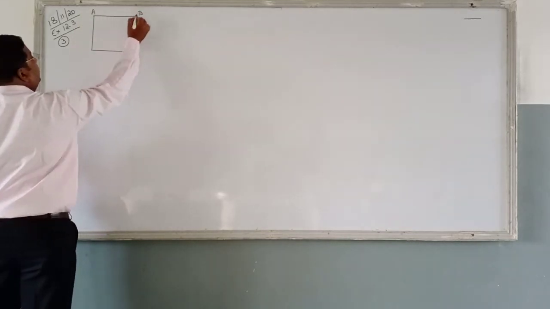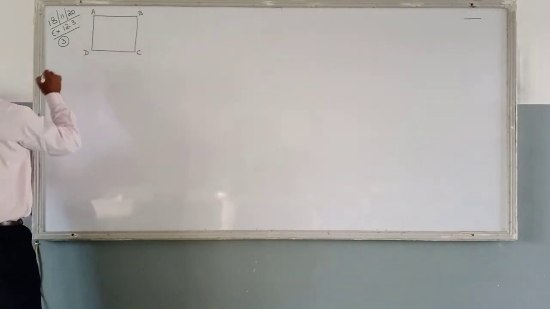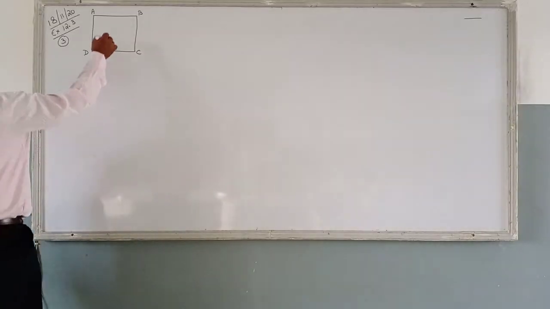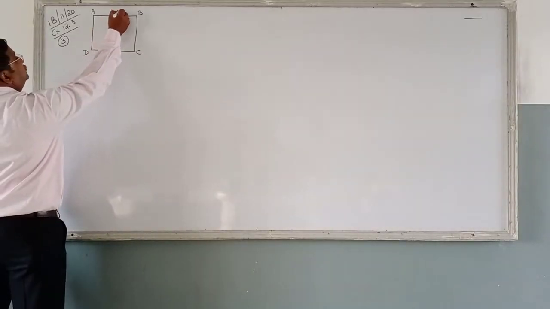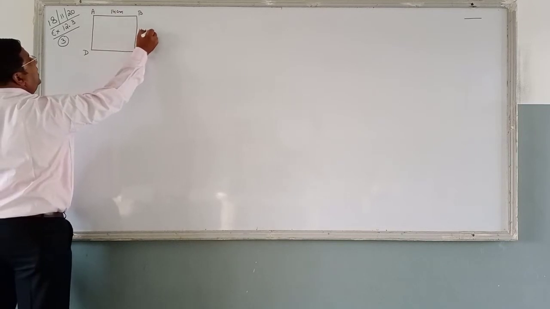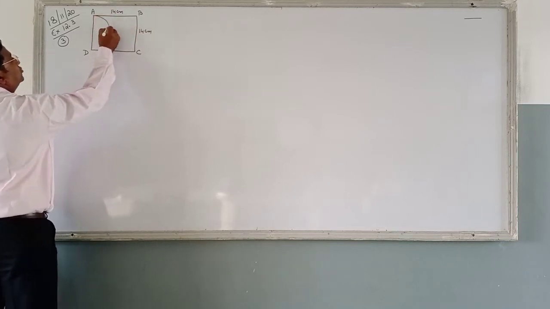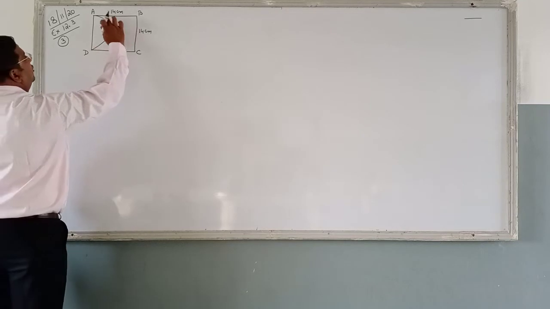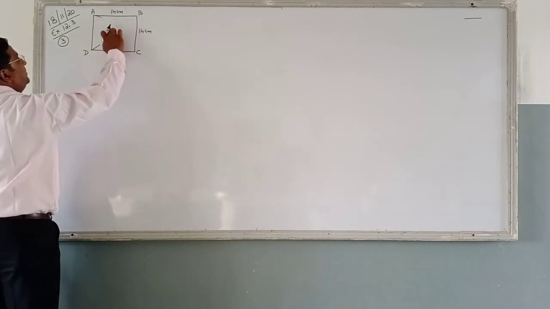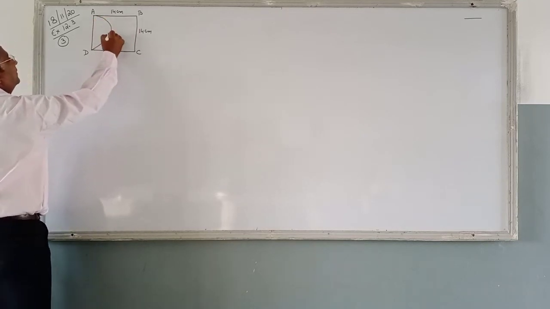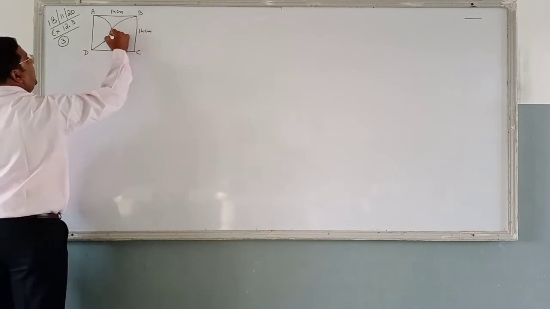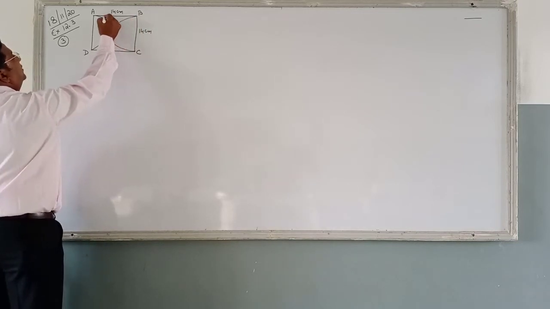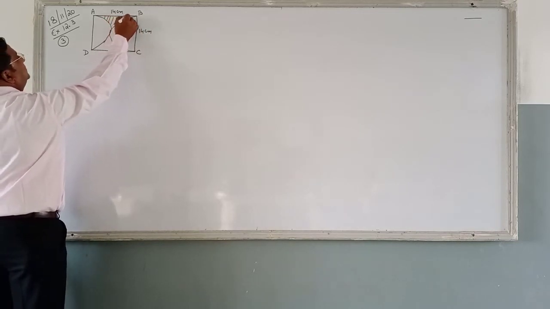Find the area of the shaded region if ABCD is a square of side 14 centimeter. You can see two semicircles have been cut off from here. My semicircles will be slightly different. So this is the shaded region, he says.